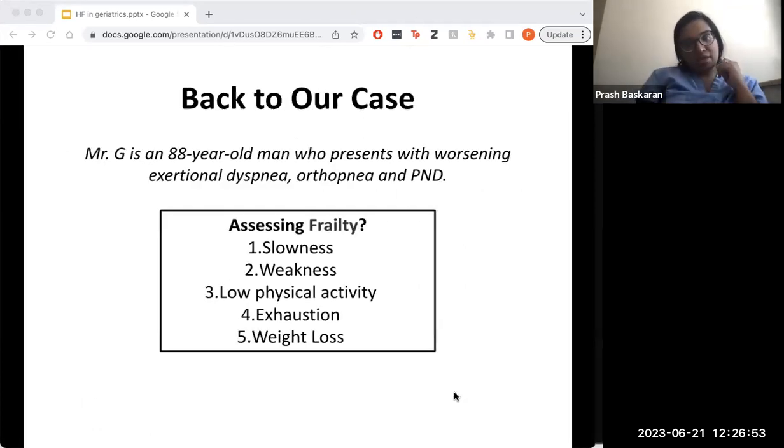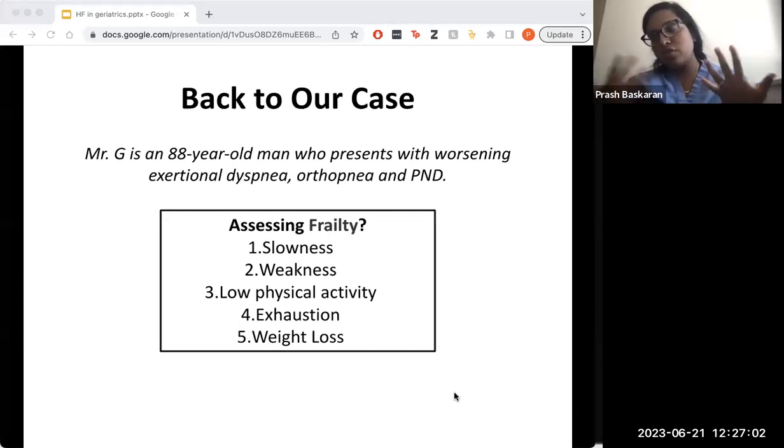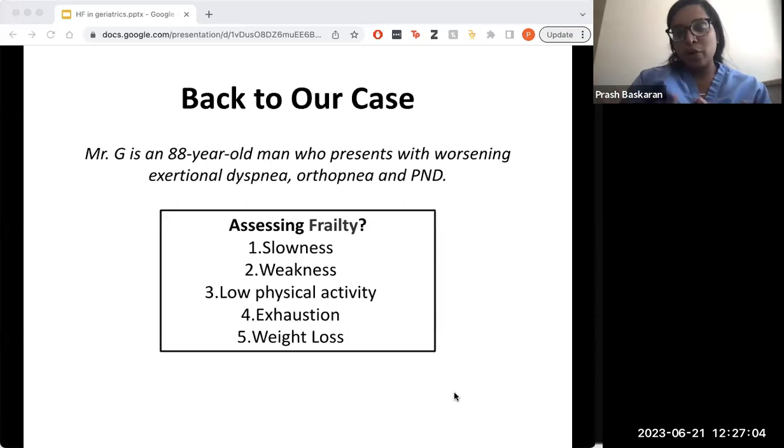So if we go back to our case, it's Mr. G. He's an 88-year-old gentleman who presents with heart failure. And previously, we would look at his past medical history, his medications, and figure out an overall management plan.